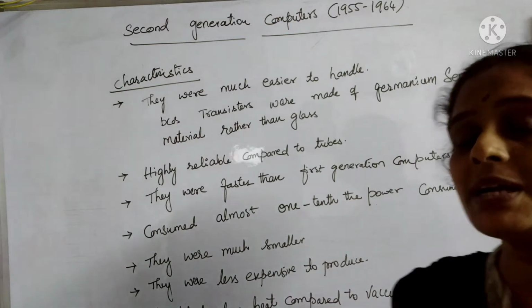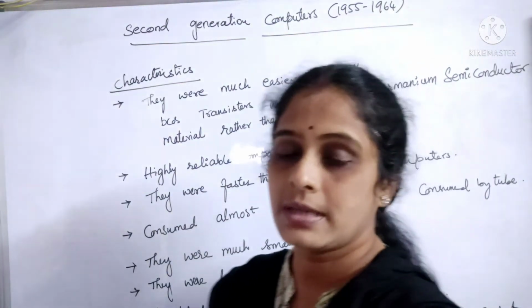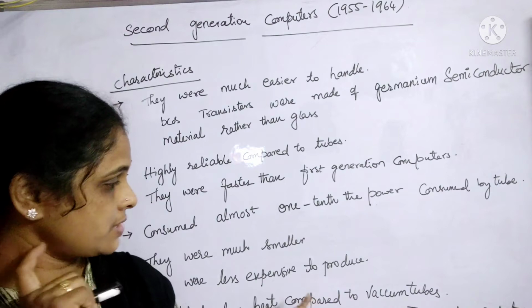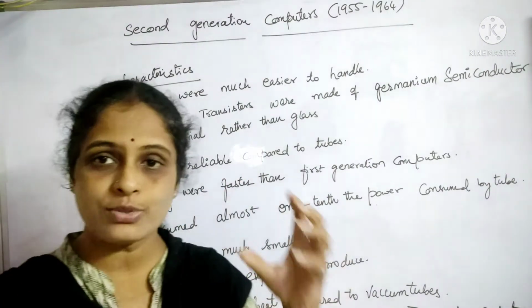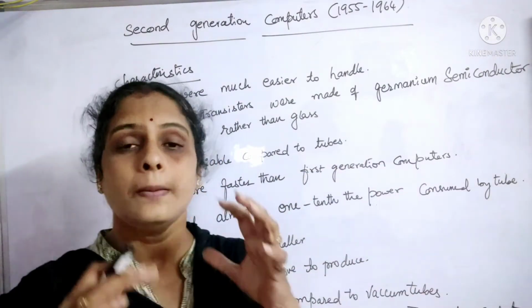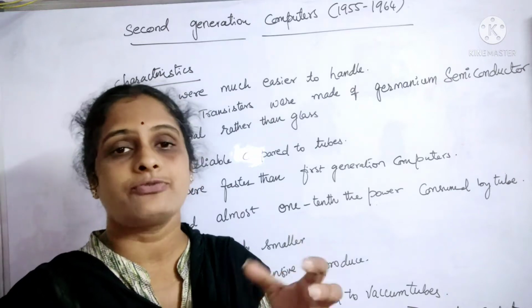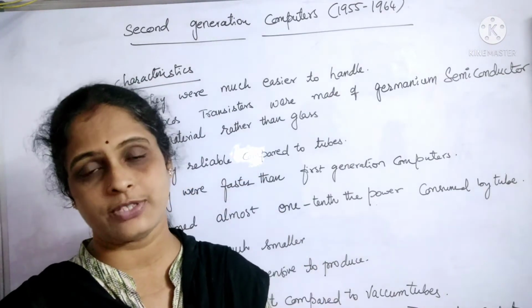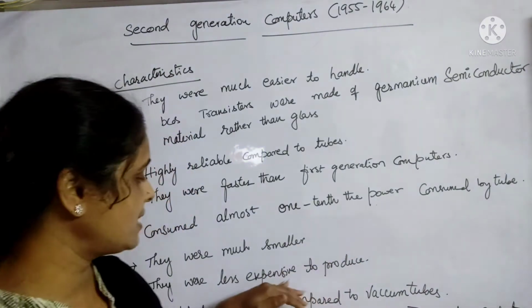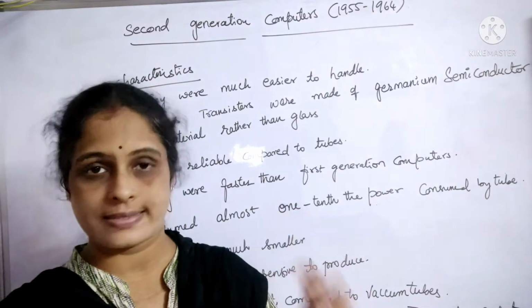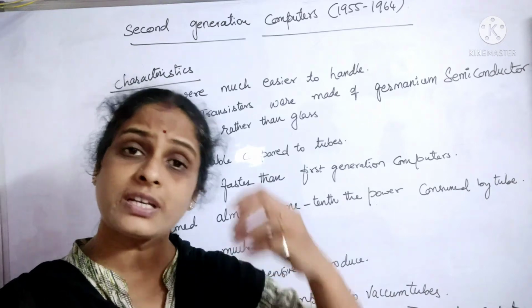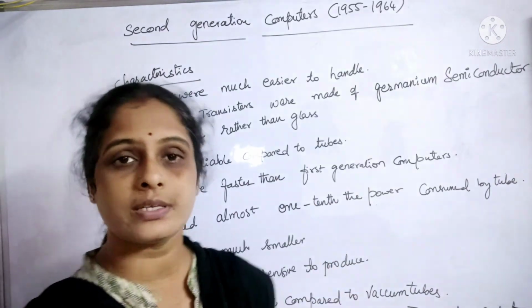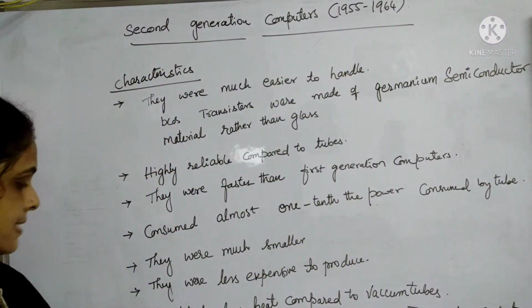Then they were much less expensive compared to the first generation computers, because in producing the first generation computers, many components had to be assembled, which was very costly. Whereas in this case, transistors were less expensive. So the production of the second generation computers was also less expensive.